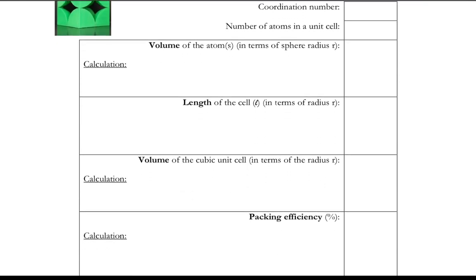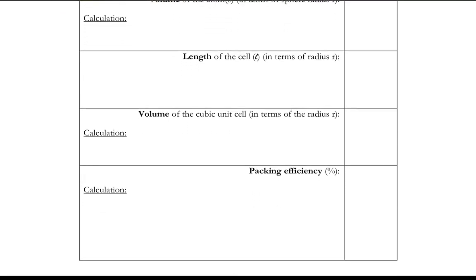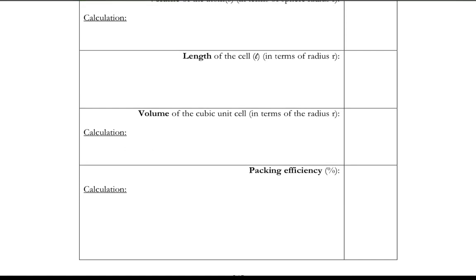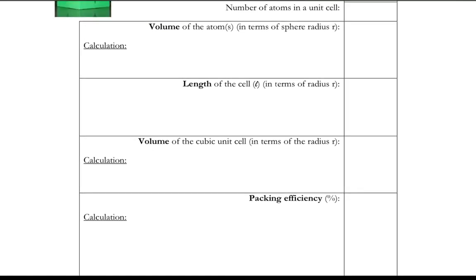And then we have the volume of the cubic unit cell in terms of the radius. So volume is length cubed, so whatever you have for the length above, cube that. Then you're calculating the packing efficiency. So that is the volume of the atoms divided by the volume of the unit cell times 100.